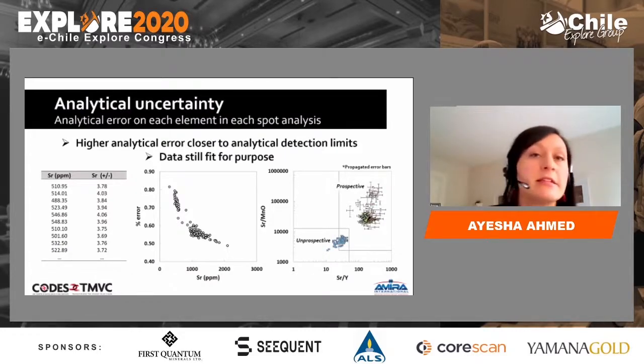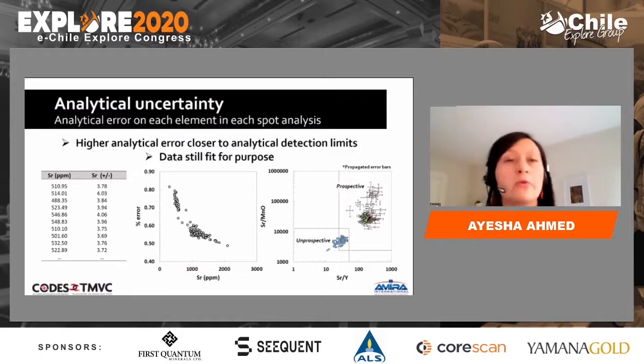And this is because the detector in the PXRF is not receiving adequate signal to estimate concentration accurately. Note here, though, on the y-axis of that graph for strontium that we're talking about less than 1% error. This is really, really low, good data.